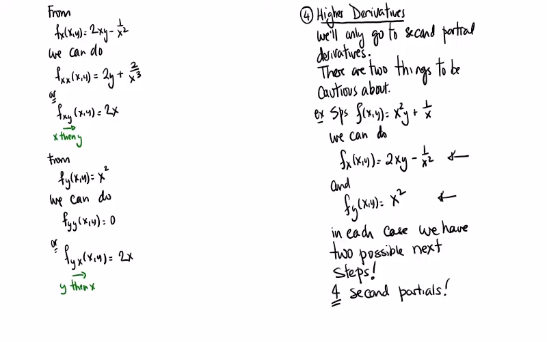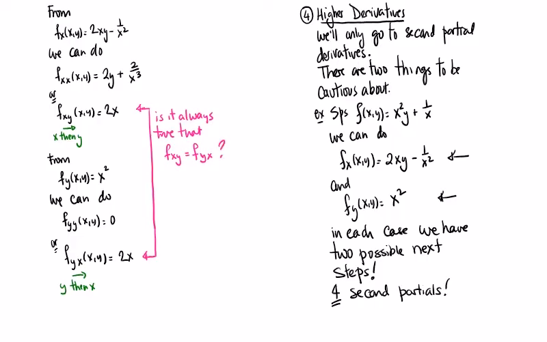Now, for the last few comments, because there are two things to address. I want to address the notation for the other notation, the partial notation, because it's a bit different. But I want you to notice something here, because if you have a keen eye, you might say, well, look, these are the same. You might ask yourself, is it always true that f sub xy is the same as f sub yx?